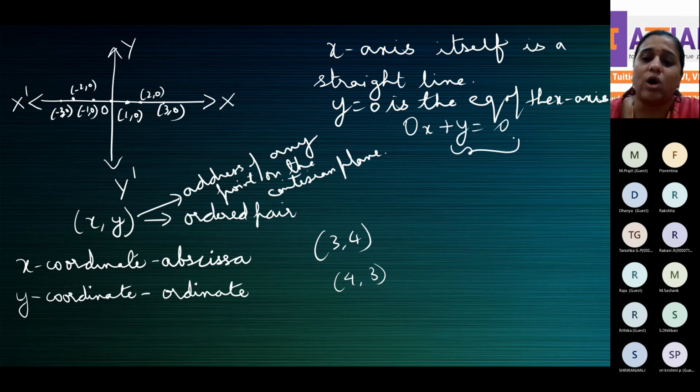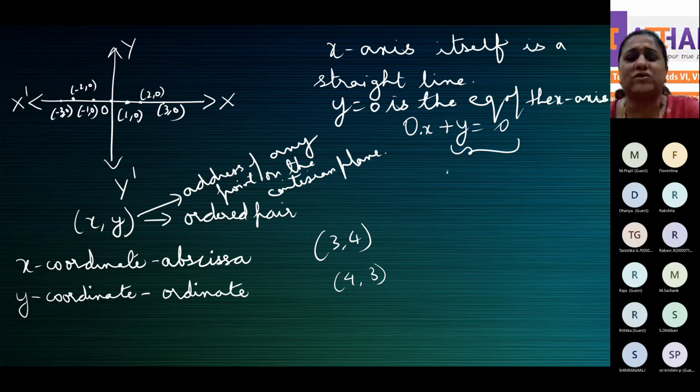Y is equal to 0 we already have, so just add the variable which is missing, 0x. So 0x plus y is equal to 0 is the equation of the x-axis in two variables. When you treat it like this, it represents the straight line, which is the x-axis.